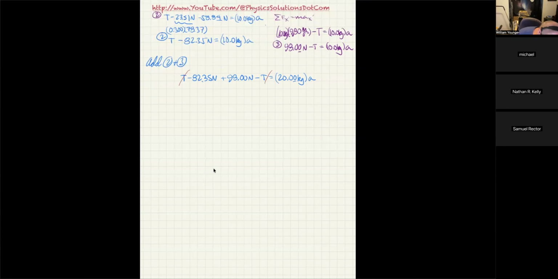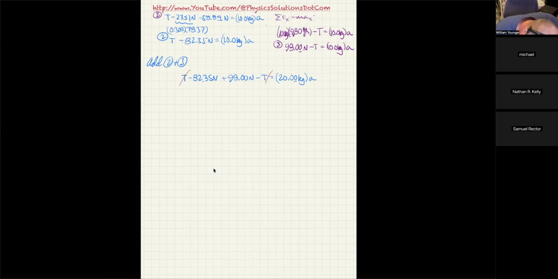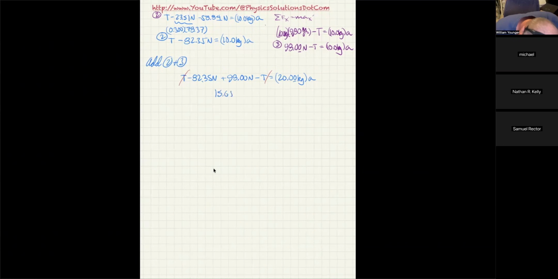So now I can say 98 minus 82.35 gives me 15.65 newtons is equal to 20.0 kilograms times A. So if I divide this by 20, that gives me A is equal to 0.7825 meters per second squared, with obviously a bunch of extra digits.